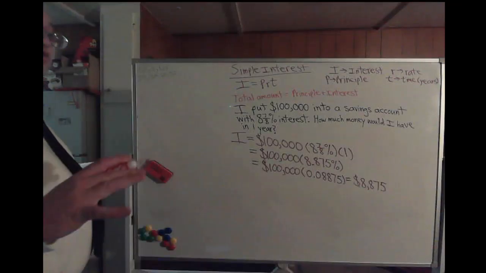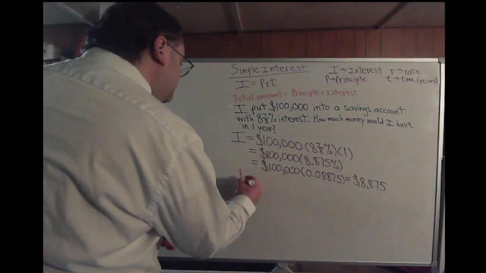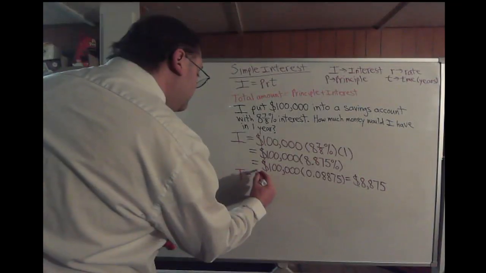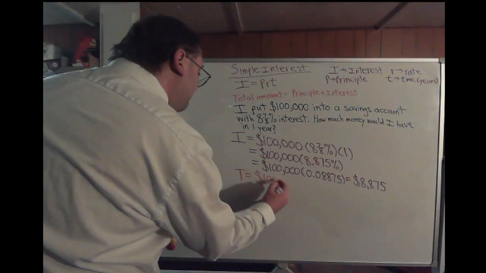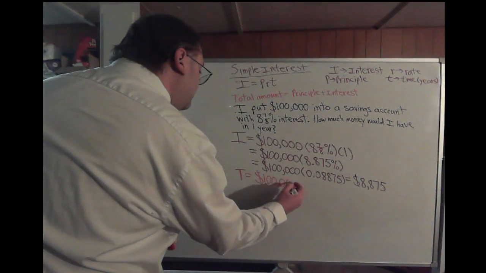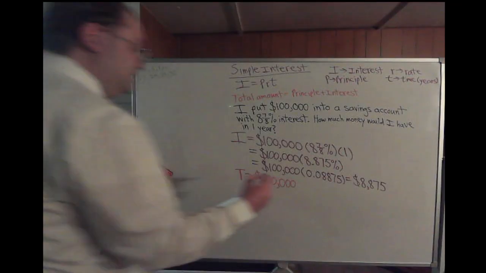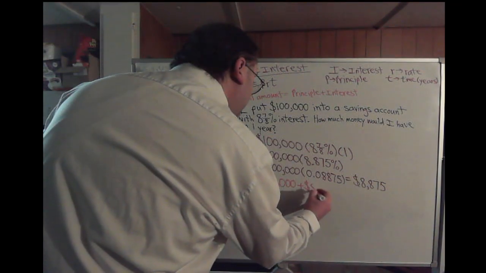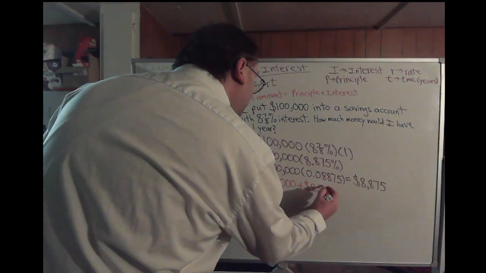We want to find the total amount of money I'm going to get. So the total amount is going to be the principal, which is what I put in, the $100,000, plus the interest, which we determined was $8,875.